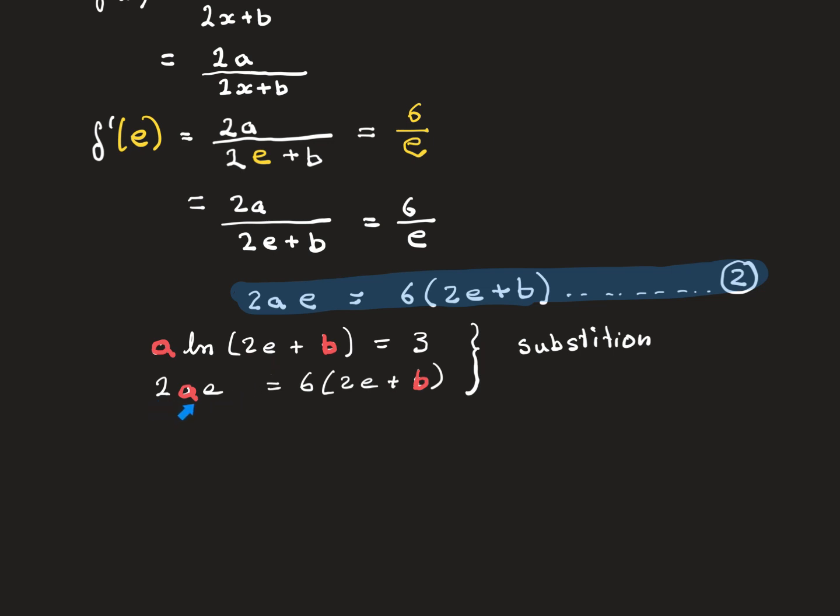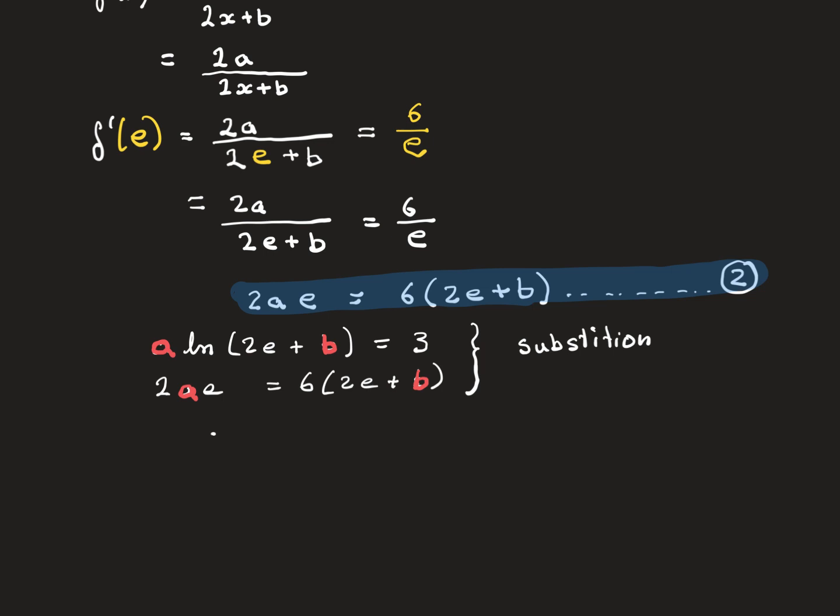Let's go to the next equation here, where I've got this a over here. That's not bad. I could remove the 2 and remove the e onto the other side and isolate the a. So here I go.